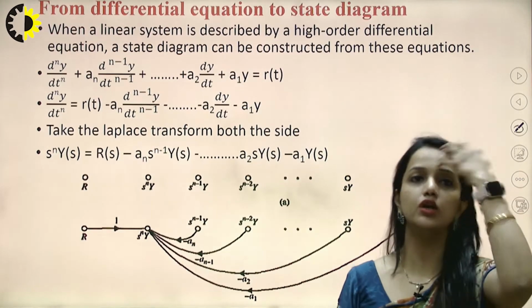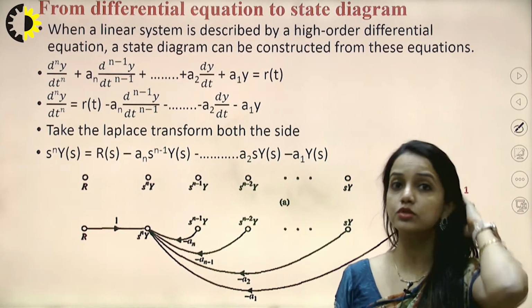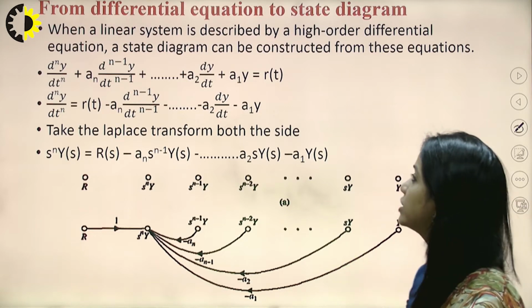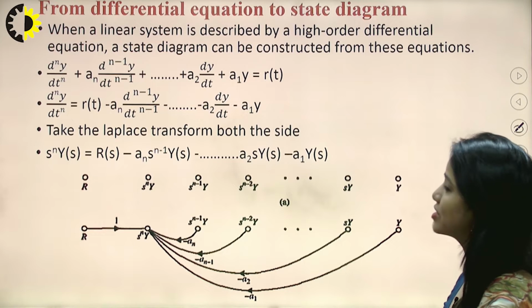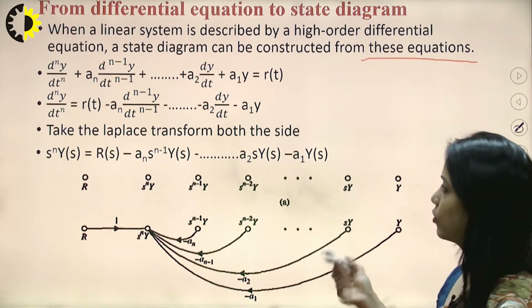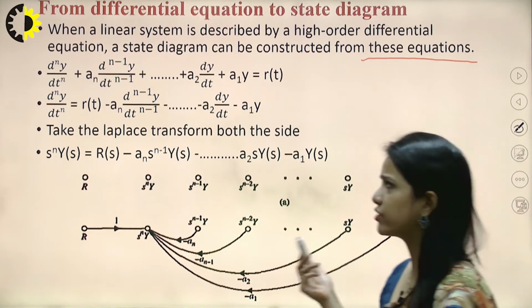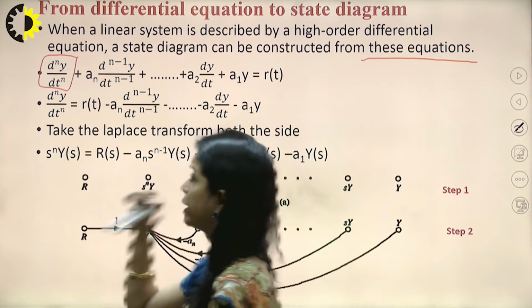Moving on to the slides, we have from differential equations to state diagram. When a linear system is described by a high order differential equation, the state diagram can be constructed from these equations. Let us consider an nth order differential equation, d^n y by dt^n.